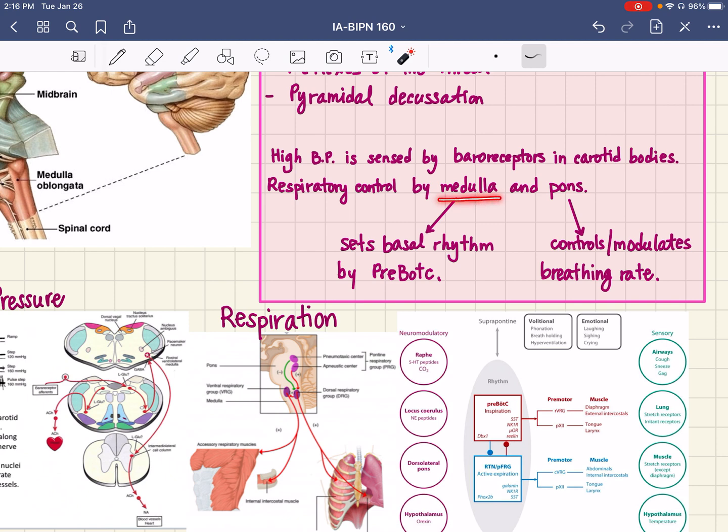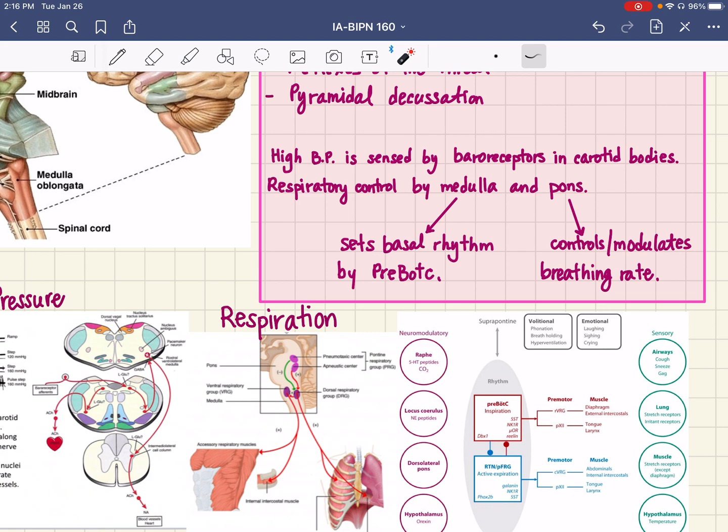That is what the medulla sets, right? Your basal rhythm. And then the pons has nuclei that can control or modulate the breathing rate. So if you're starting to run or you have anxiety, then your breathing rate increases, and it is the nuclei in the pons that are responsible for this modulation.